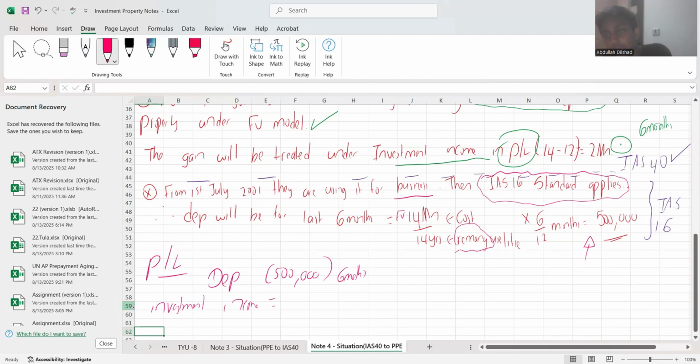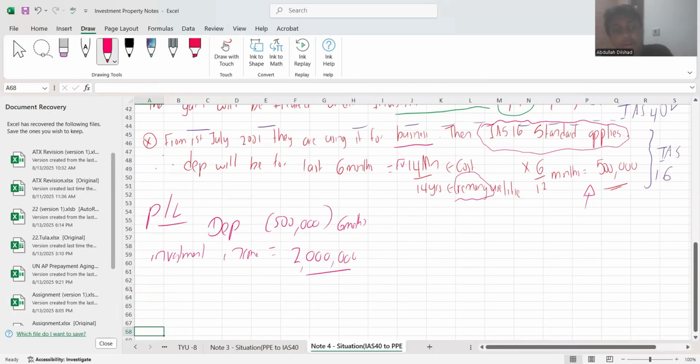Here it is. 2 million. So my P&L for 31st December 2001 would be 1.5 million alone, right? I'm just simply explaining it. This is not the way that you would present it in your financial statements. I'm just presenting it for your explanatory purposes, right?